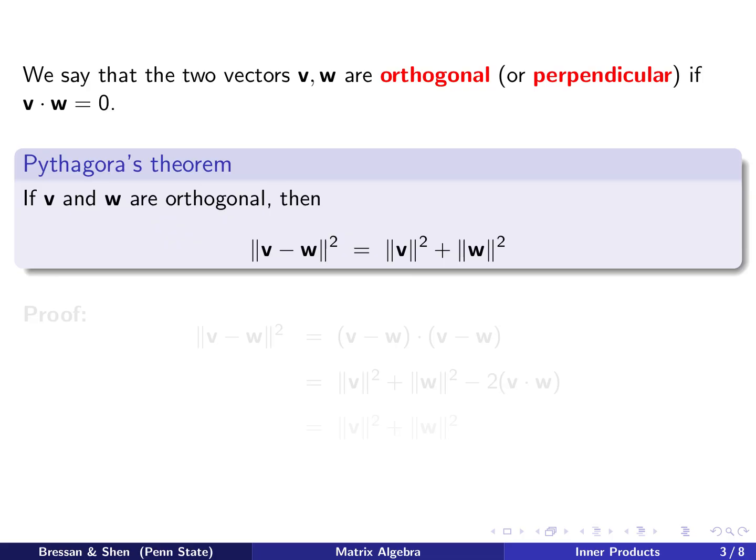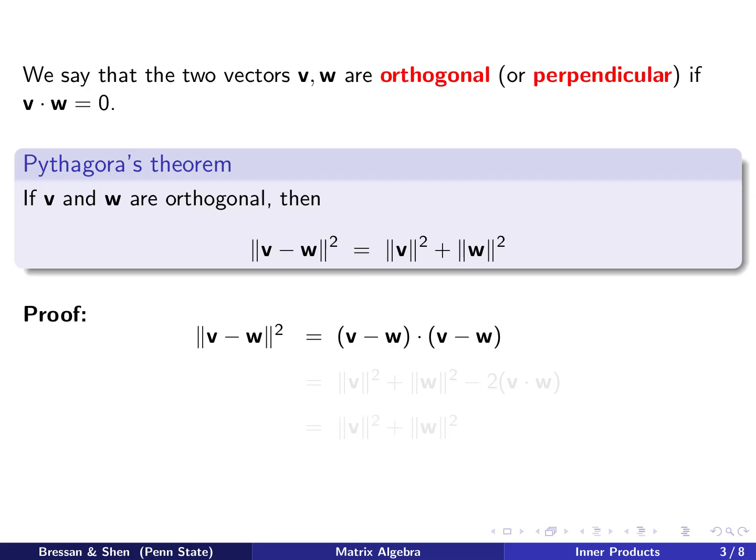So this basically says if you consider the triangle formed between v and w and the origin, then the third side's square equals the sum of the squares of the two sides next to the origin. And therefore, if this is a right angle, then you have a right triangle and you have the Pythagoras theorem.